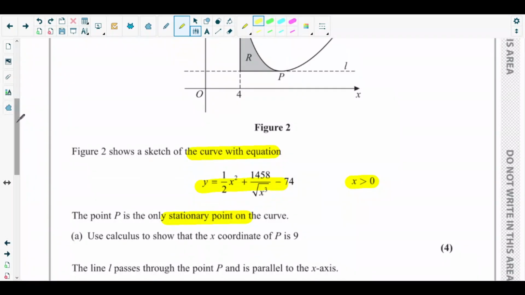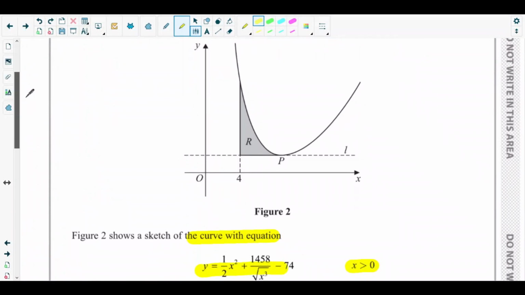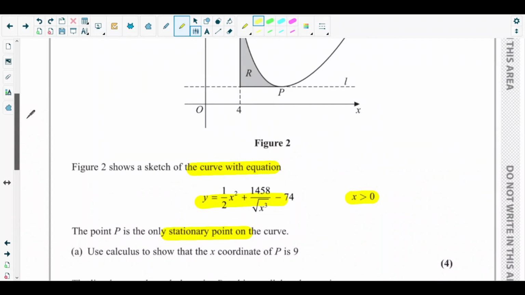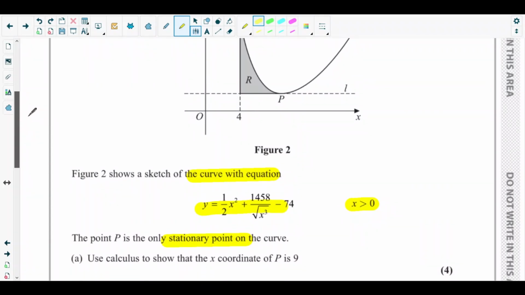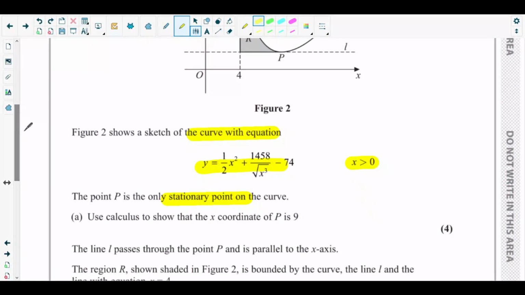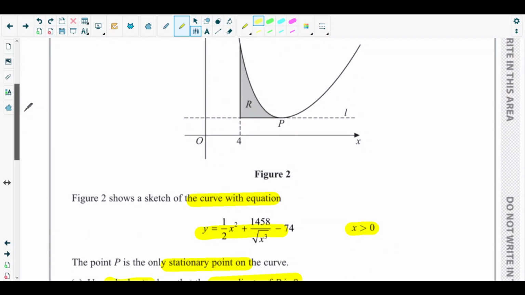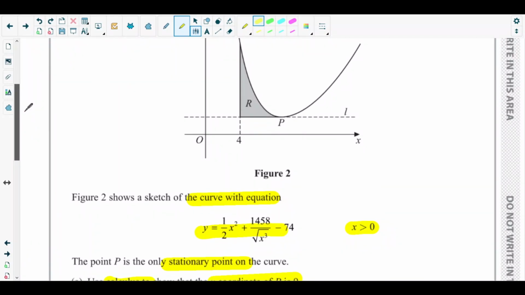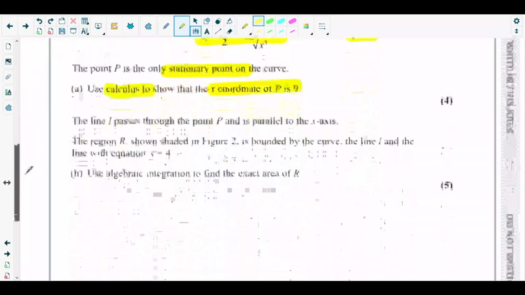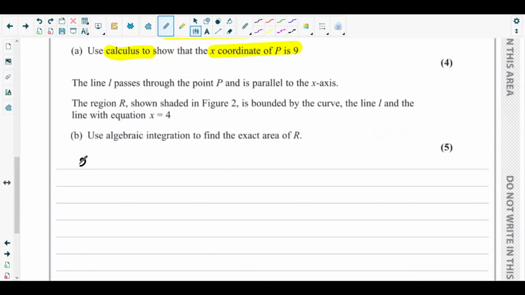Part A asks to use calculus to show that the x coordinate of P is 9. Since point P is a stationary point, you can easily guess that we need to use differentiation, isn't it?